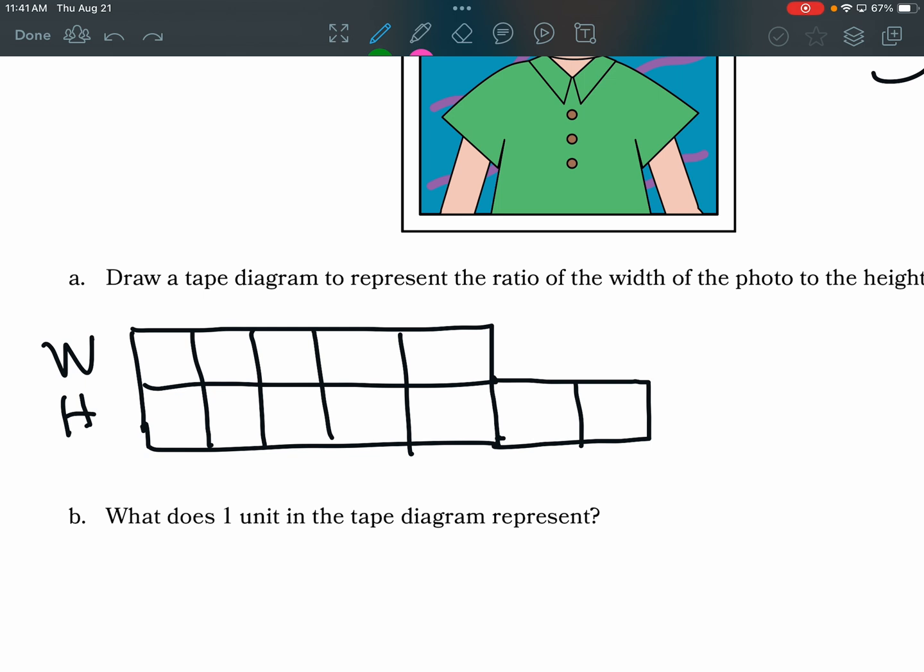Each box is 1 inch. If you wanted to be nice and particular, you could draw a 1 in every single one of those boxes. But we don't have to because we know they're each worth 1, right? All right.